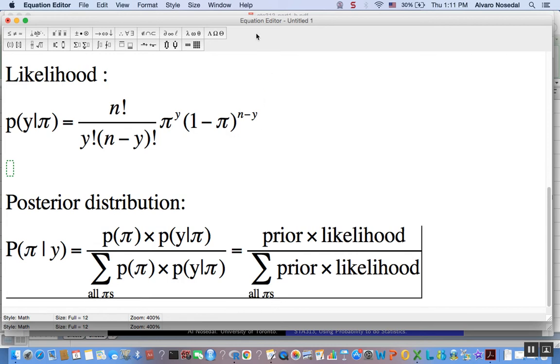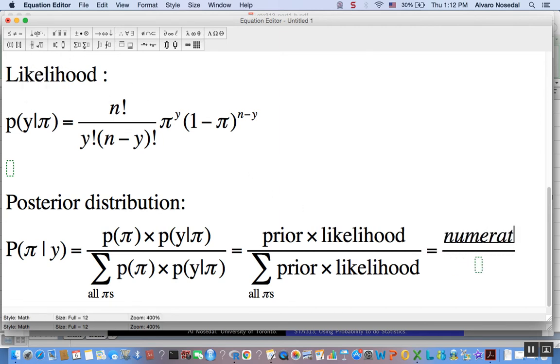Okay, so the posterior distribution, in this case, would be the numerator divided by the denominator.